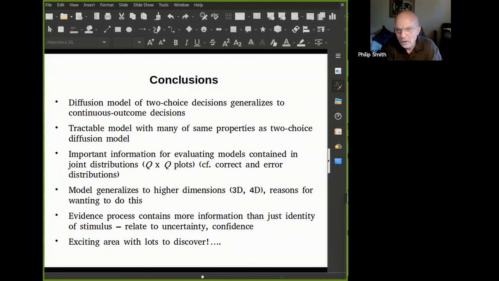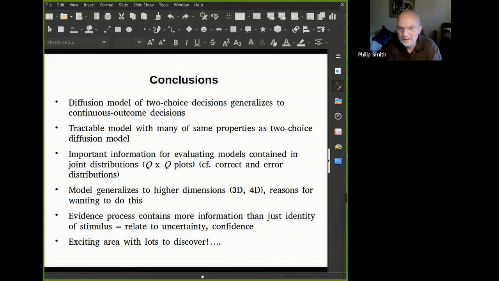There's an important methodological point that I've stressed, that the important information for evaluating models is contained in the joint distributions as represented in the QQ plots. This parallels the situation in two-choice decisions where the relationship between the distributions for correct responses and errors turns out to be critical data for comparing the performance of models.